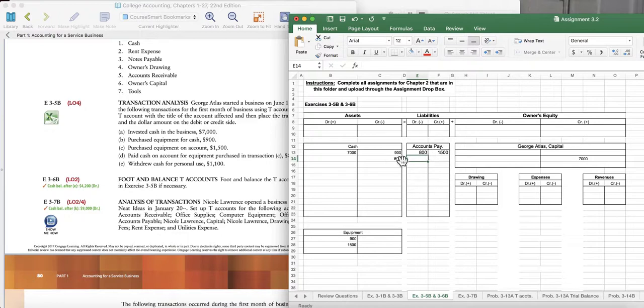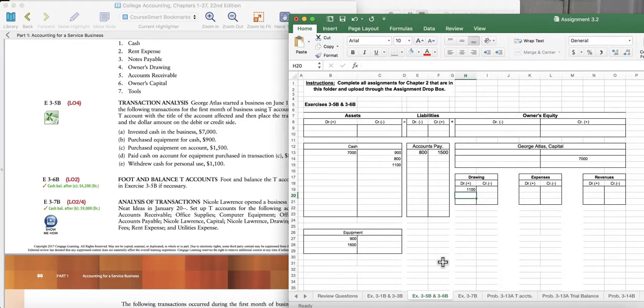Again, debit, credit. The last transaction is that we withdrew cash for $1,100. So we're going to decrease cash and we're going to increase our drawing account. And so that's all that we would do for number 5.